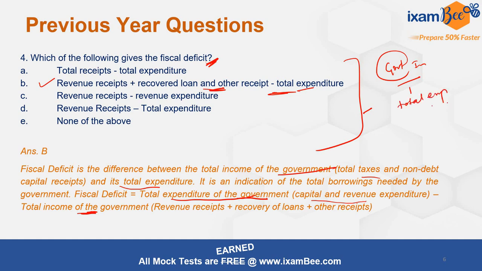That gives you your fiscal deficit. So in a way, this is another way of writing the total income. That's why the options here are all a little tricky, and you do get such questions in the examination generally. The question is pretty straightforward, but the option is a little twisted. So don't worry, these things will come with practice.